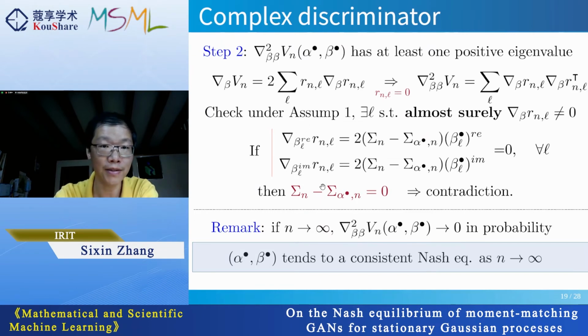What's surprising is that the error in this covariance matrix tends to be very small as the number of data goes to infinity. That means the solution, although it is not a Nash equivalent, tends to be a Nash equivalent as the number of data samples grows. That's probably why, in practice, people don't observe this instability if the data sample size is large.